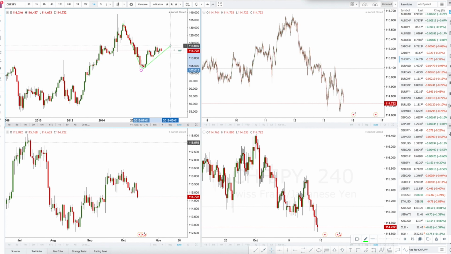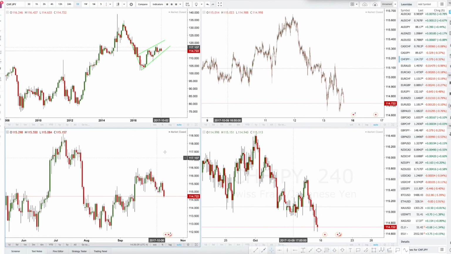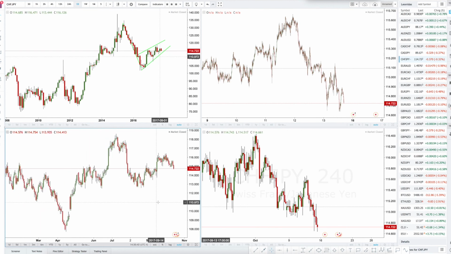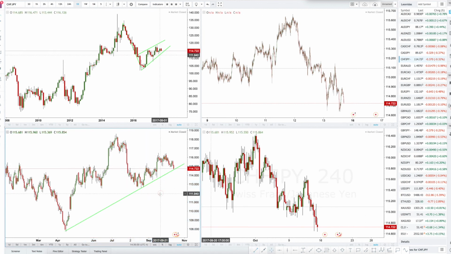So let's see. These things like this. So I don't know. My bias is down, so let's see if we can see something on shorter time frames. We have this trend on a daily, like that.